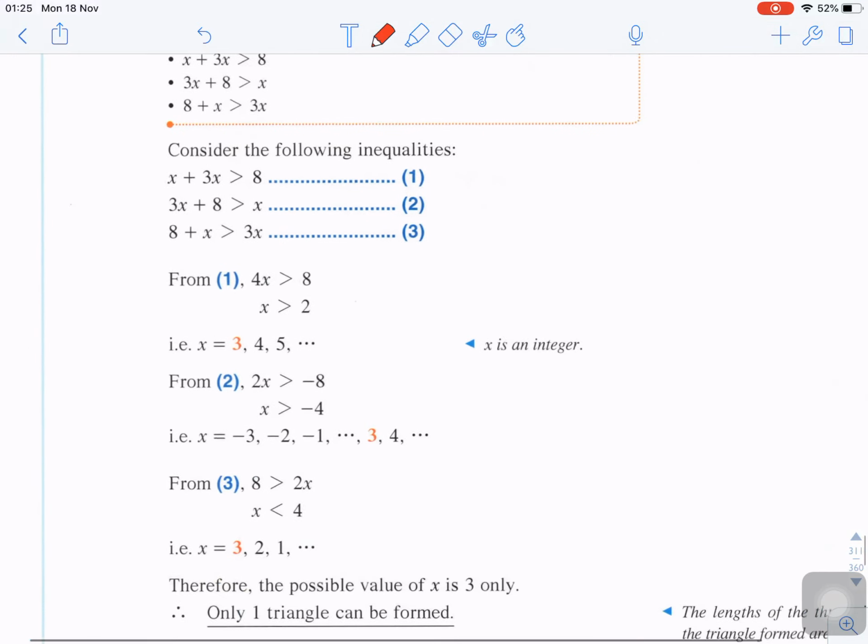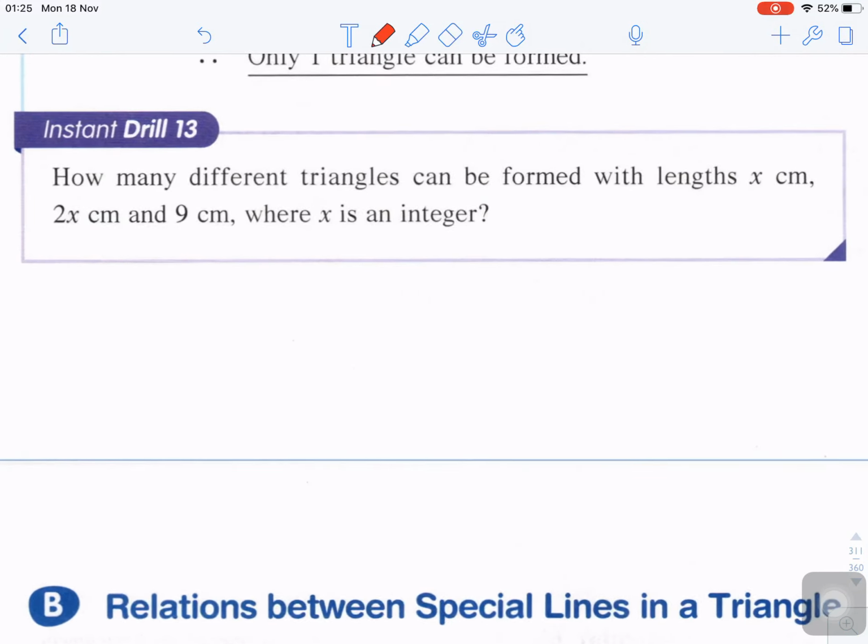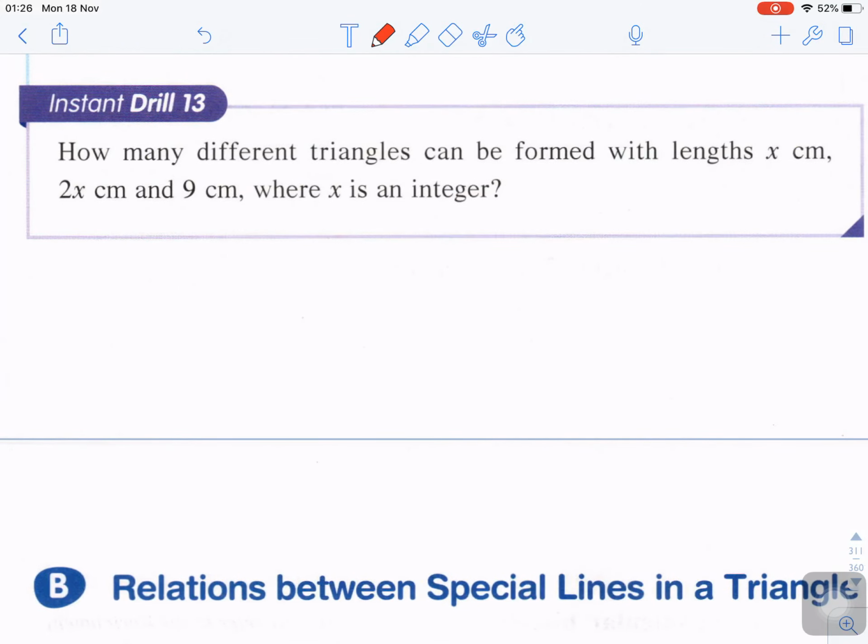But how about the following? This is instant drill question 13. How many different triangles can be formed with sides of length x cm, 2x cm, and 9 cm? Let me sketch the diagram first. This is x cm, this is 2x cm, and 9 cm.